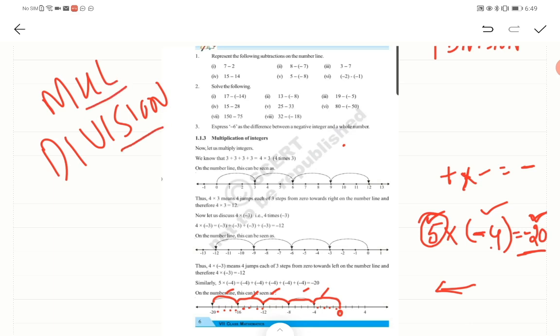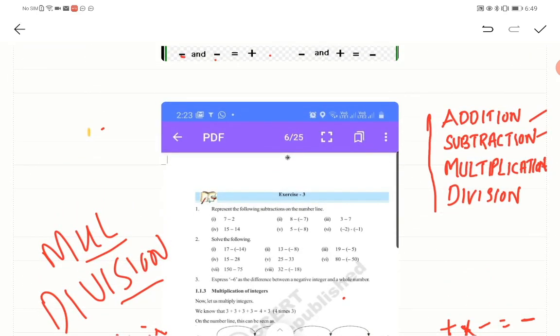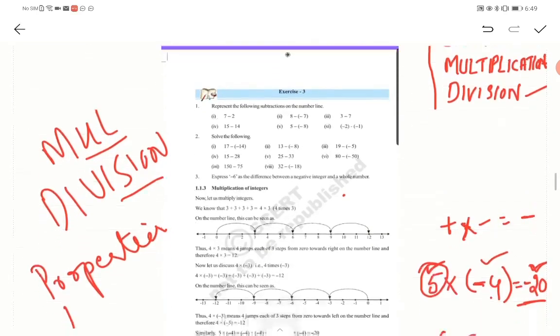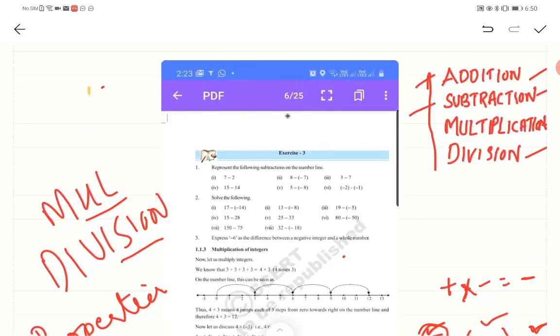And we will learn the properties of integers for addition, subtraction, multiplication and division. Let's meet online and discuss many more examples with integer numbers for all these operations.